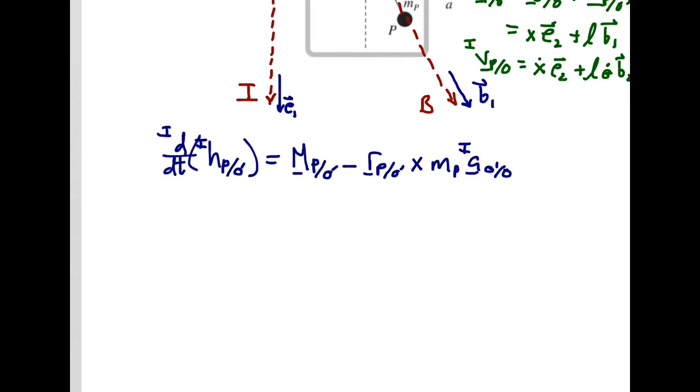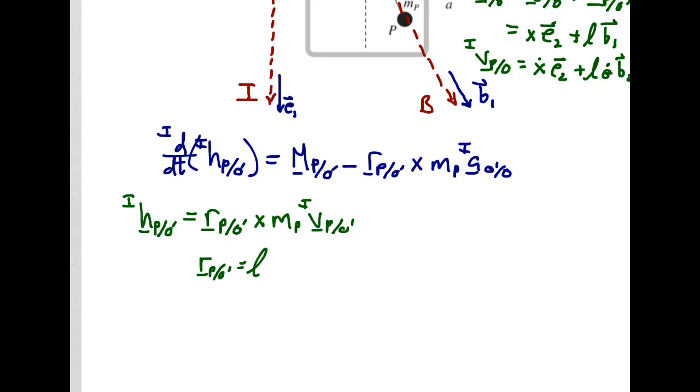So for the left-hand side, the angular momentum of point P with respect to O prime, which is not an inertially fixed point, is R of P with respect to O prime, crossed with our mass multiplied times the inertial velocity of P with respect to O prime. We know that R of P with respect to O prime is L in the B1 direction, and the velocity of P with respect to O prime is L theta dot in the B2 direction.